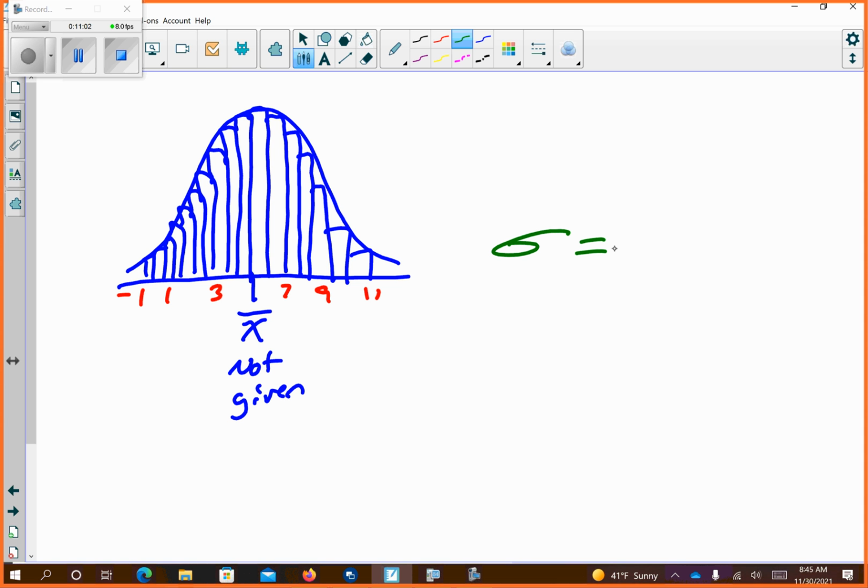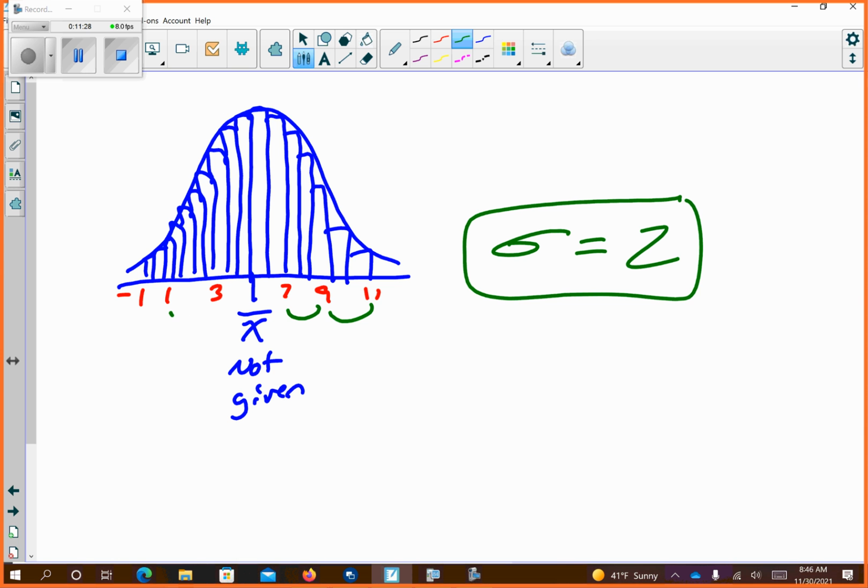What do you think it would be? If that was all the information I gave you, what should it be? So we're not at the mean. What's completely obvious to you? What does it look like one standard deviation would be? How much? 2, yeah. Basically, these are all counting by 2s, right? We don't know the mean, but it's got to be 5.